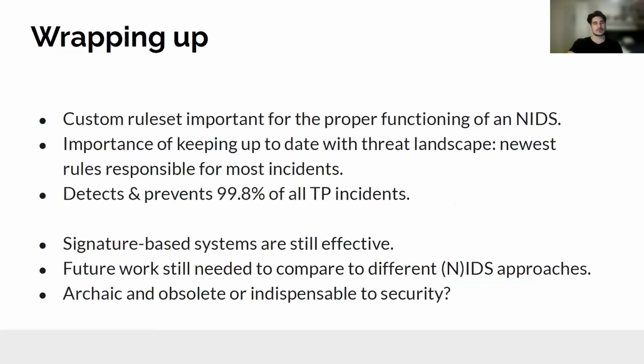So with all of these results, we were able to demonstrate that signature-based systems are still effective in the modern internet, given that they are managed properly, for example, by keeping them up to date with the newest threat intelligence.